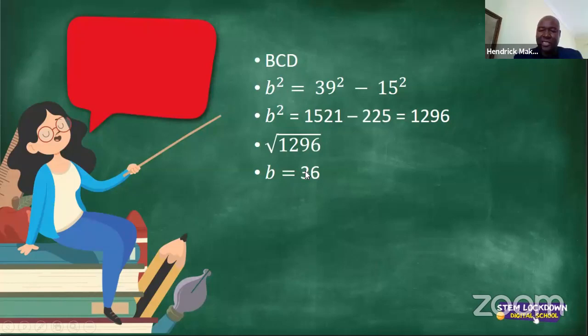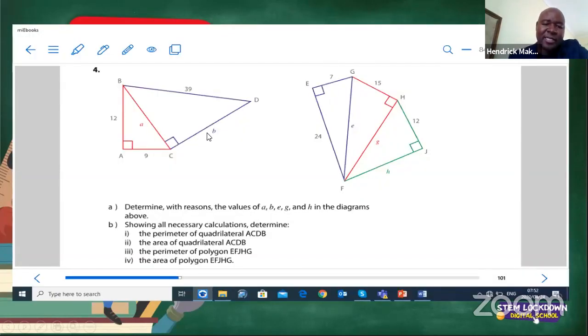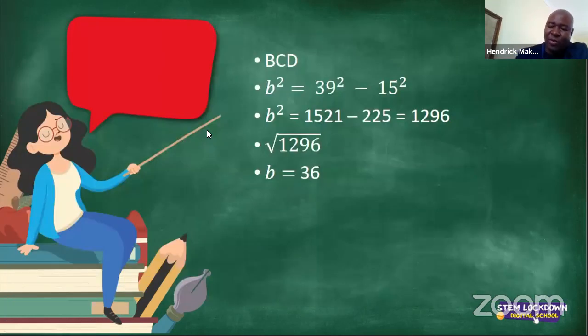So if B is 36, A and B are the correct answers that were found.